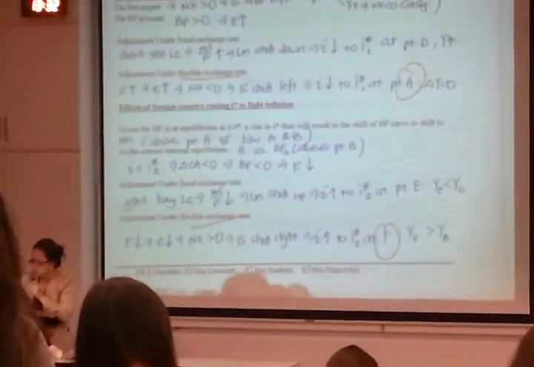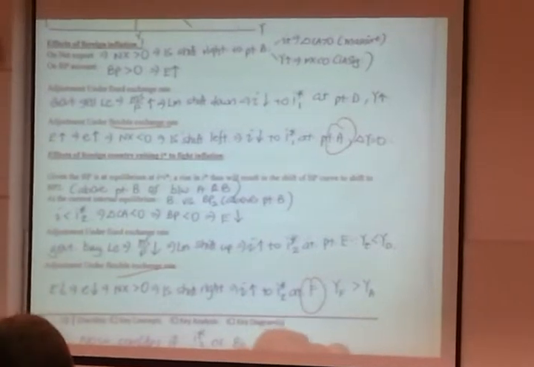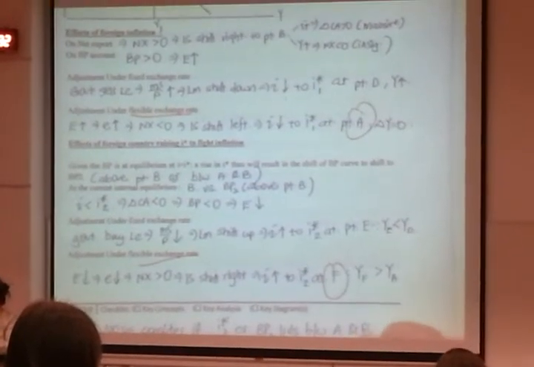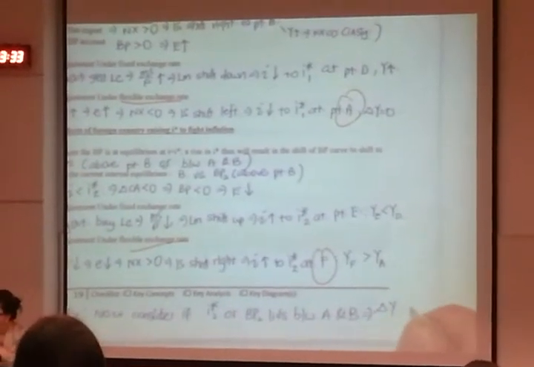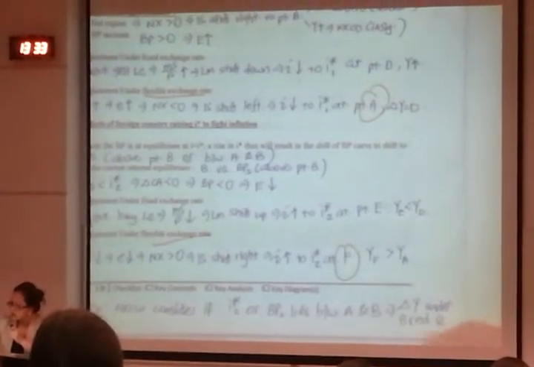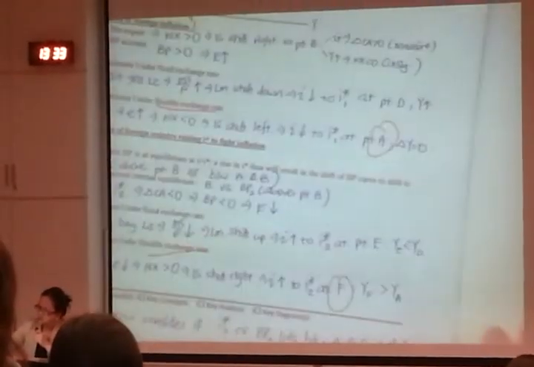So now consider if I star 2, or you can say the BP2 now lies between A and B. Discuss change in income under fixed and flexible. Go back and try yourself.